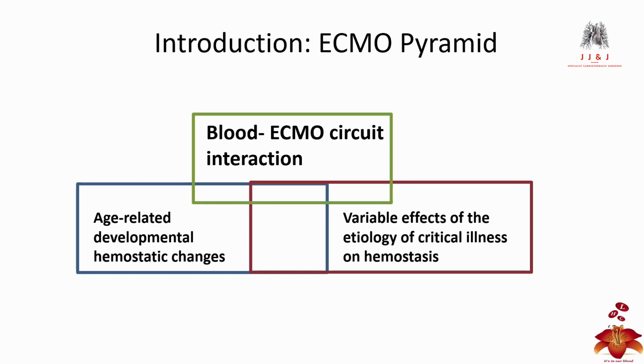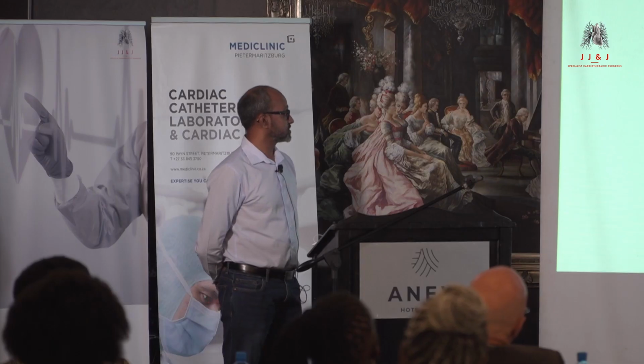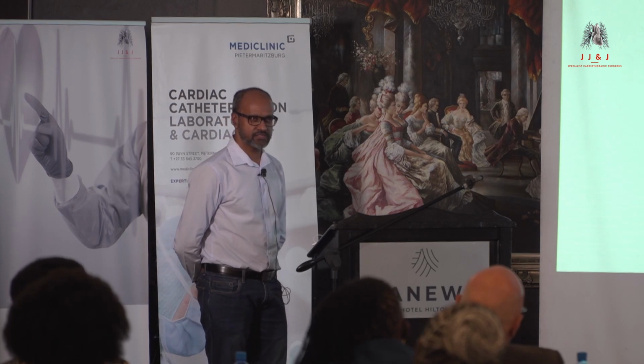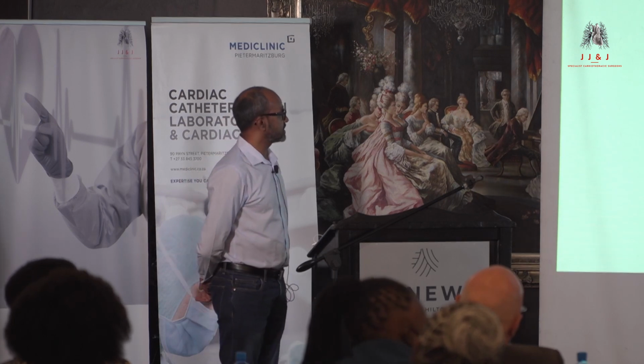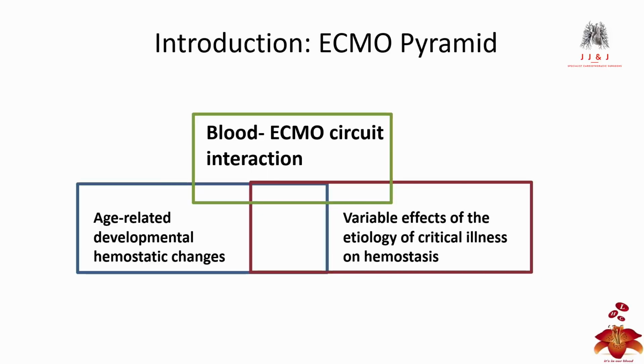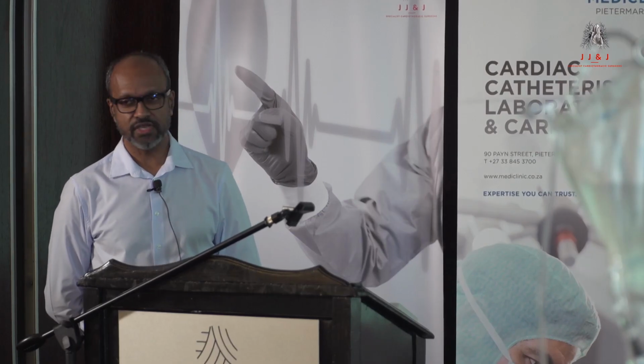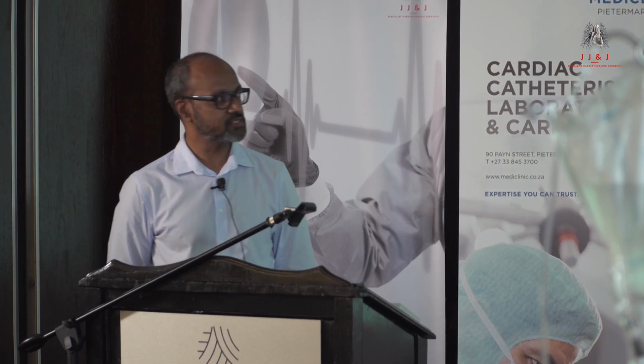So this is the ECMO pyramid. We have a few things that we need to be addressing. The first one is age-related developmental hemostatic changes. With age, a baby is different from an adult, who is different from an elderly patient. We also look at the variable effects of the etiology of critical illness: are we looking at a patient with a cardiac problem, a pulmonary problem, a patient with cancer, a patient on anticoagulants, a patient with sepsis?